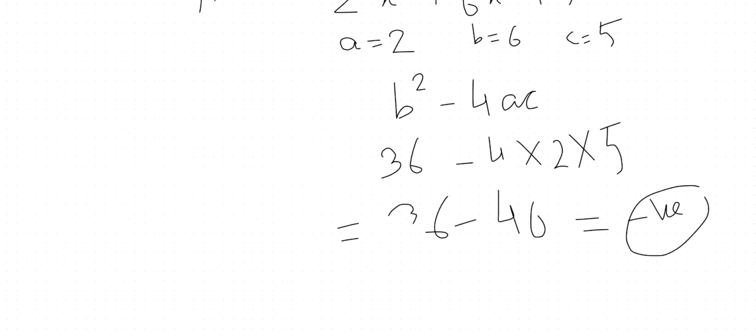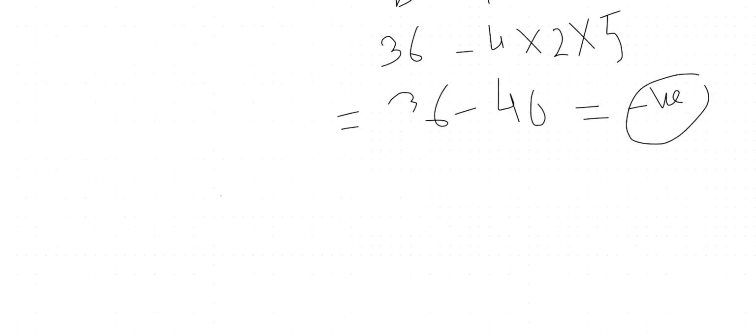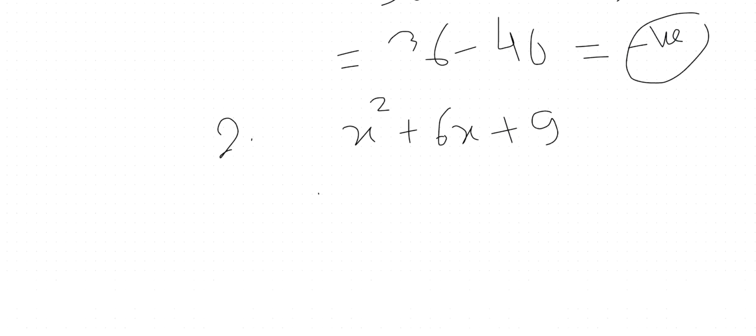Let me give you one more question where we'll figure out the discriminant. The question is x square plus 6x plus 9. What I can do is b square minus 4ac.